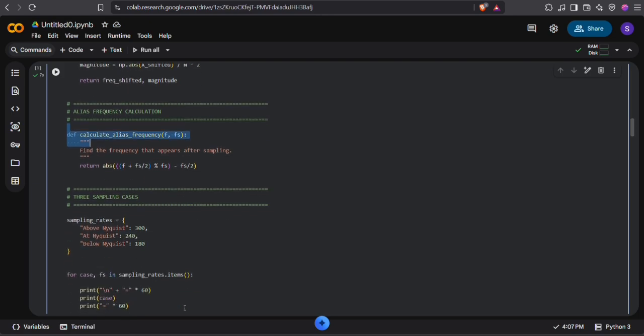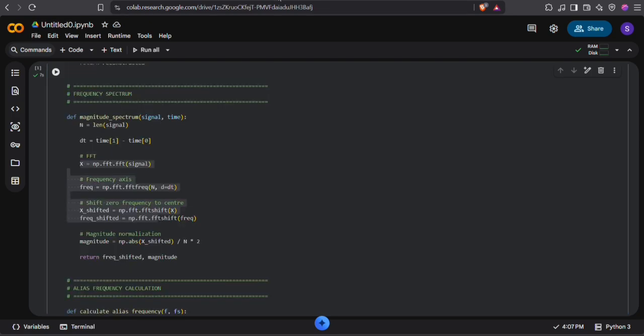I have also implemented a function to calculate the frequency that will appear after the sampling, which is especially important for understanding all the three cases mentioned above. The purpose of this calculation is to compare the theoretical alias frequency with the frequency actually observed in the FFT spectrum.